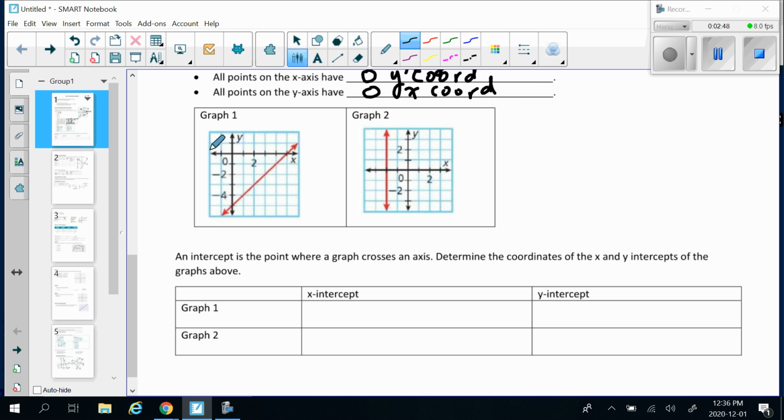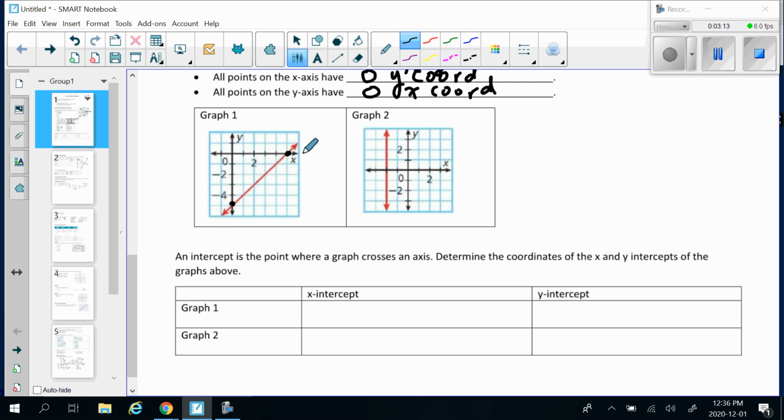Here's a graph. It's on the coordinate plane, but the graph is actually the red line, and this red line is the other graph. An intercept is the point where a graph crosses an axis. You can see that this red graph crosses the axis here, as well as here. We are going to determine the coordinates of the x and y intercepts of the graph above.